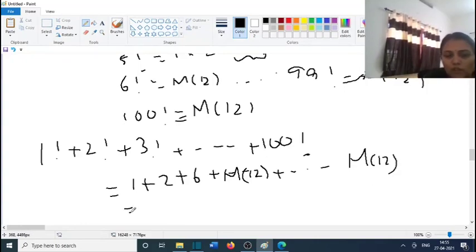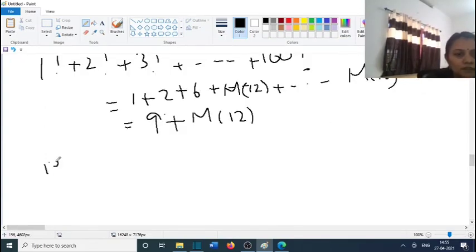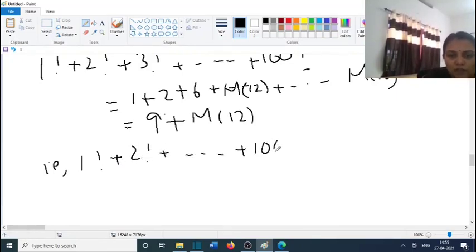So this is 1 plus 2 is 3, 3 plus 6 is 9, 9 plus a multiple of 12. That is, 1 factorial plus 2 factorial plus etc. plus 100 factorial is congruent to 9 mod 12.